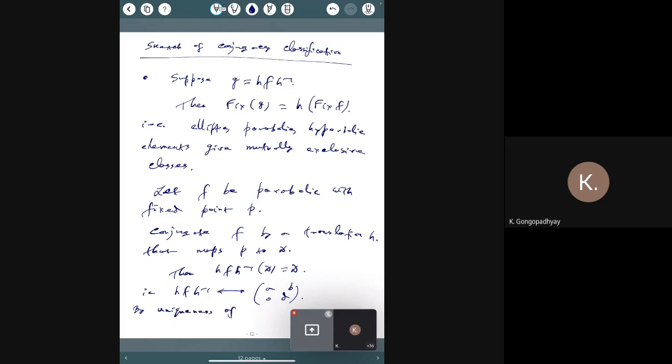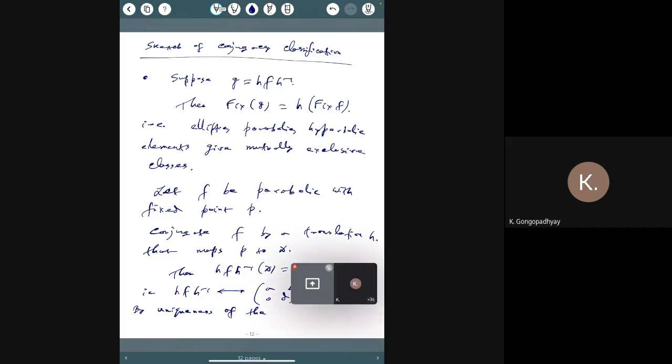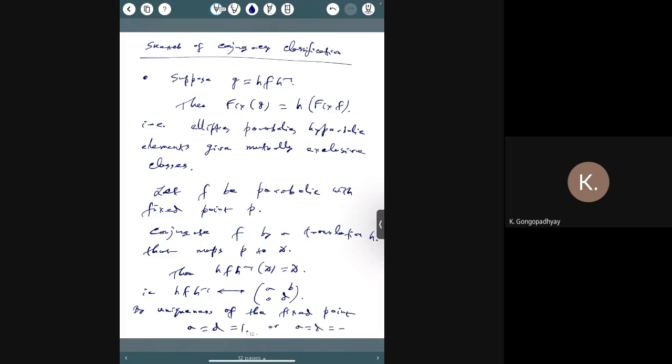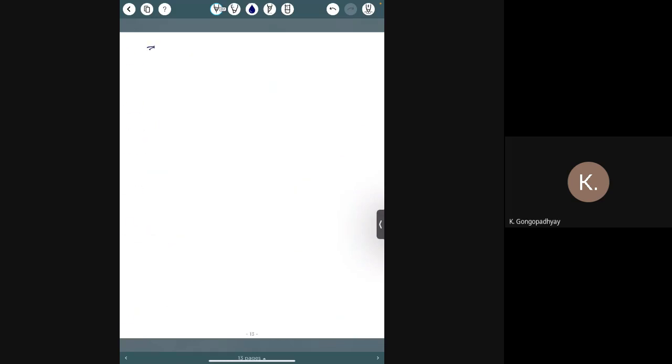By uniqueness of the fixed point, A equal to D equal to 1 or A equal to D equal to minus 1 if you want. So every parabolic is conjugate to (1 B; 0 1).